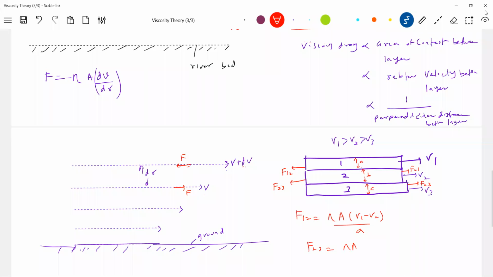Eta A. Eta is called the coefficient of viscosity. It is a constant. For different liquids it will be different, and for a given liquid it will be almost constant. Now what shall I write here? It should be V2 minus V3.